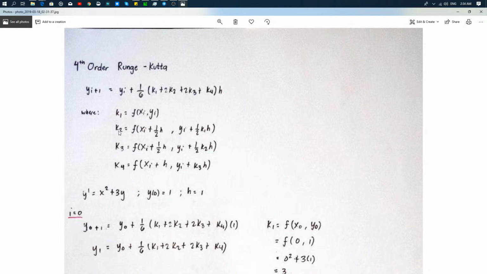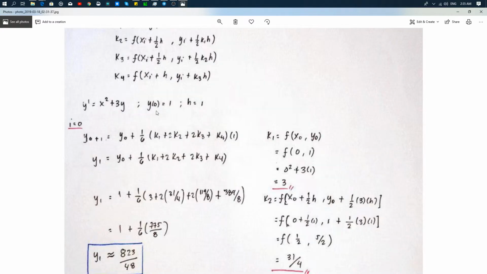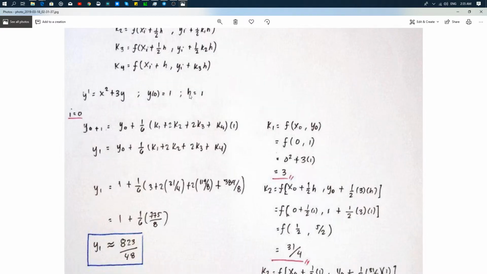K sub 3 is equal to f of x sub i plus 1/2 of h and y sub i plus 1/2 of k sub 2 times h. The initial value for y is 1, and our step size is 1.